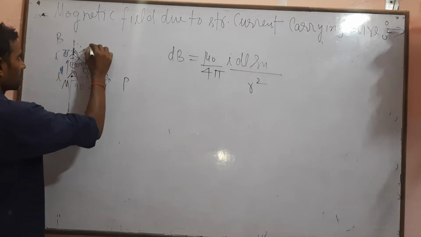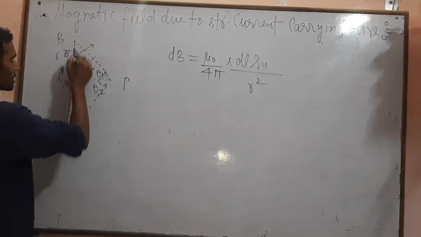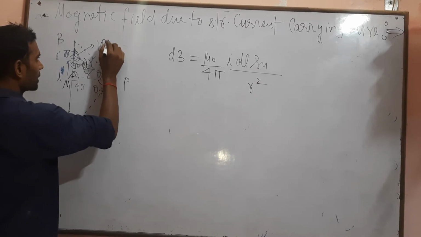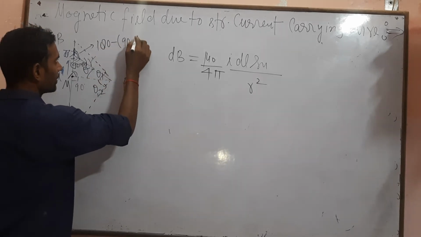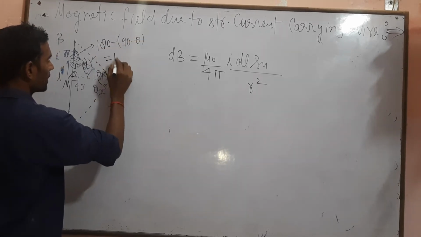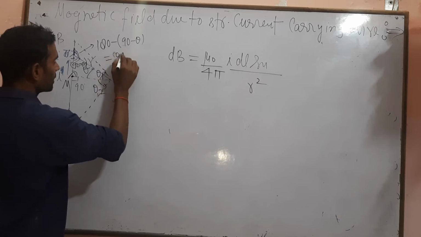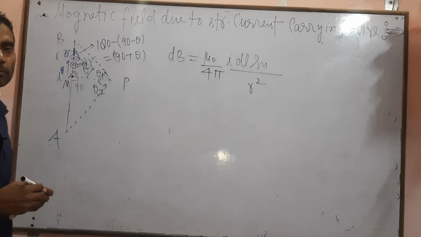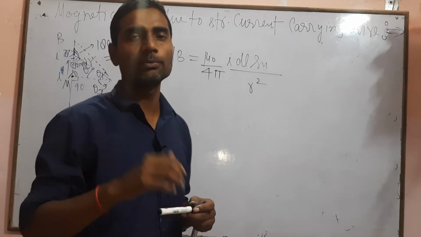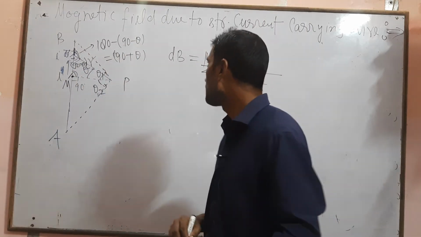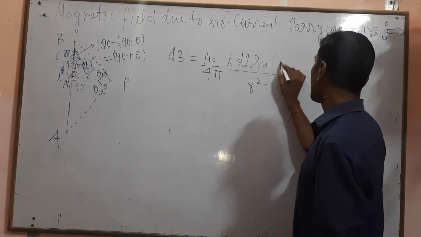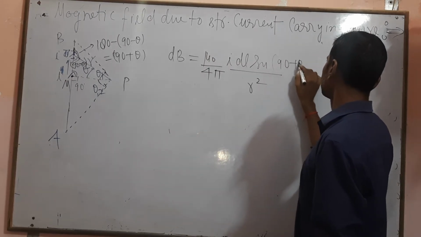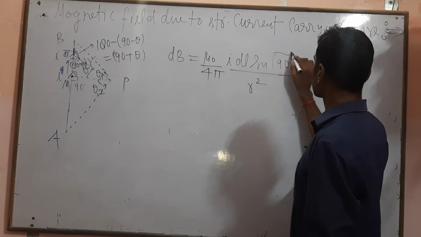So this angle equals, the total line is 180 degrees, so 180 minus 90 minus theta. This is 90 plus theta, which implies that the angle between dl and r equals 90 plus theta. So we put sine of 90 plus theta here.